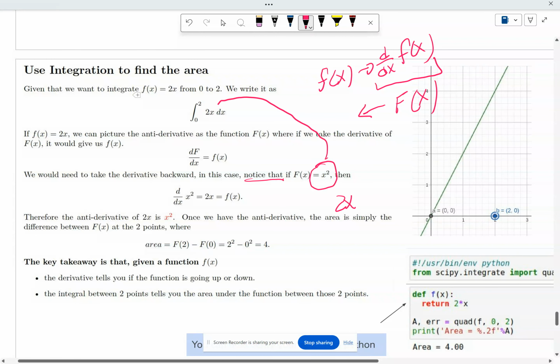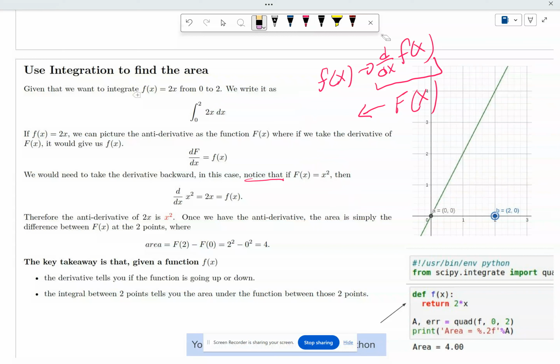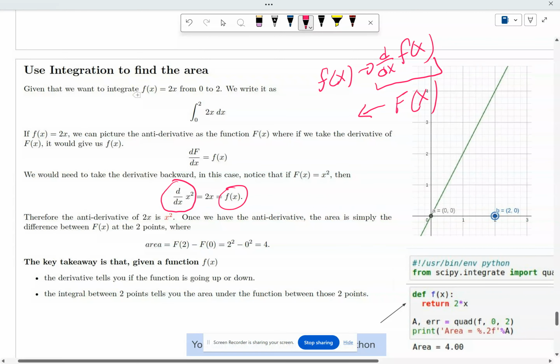So we found a function such that if we take the derivative, it gives us the original function back. If we take the derivative of x squared, it gives us 2x, which is what we need, and therefore the antiderivative, the opposite of the derivative, is x squared.